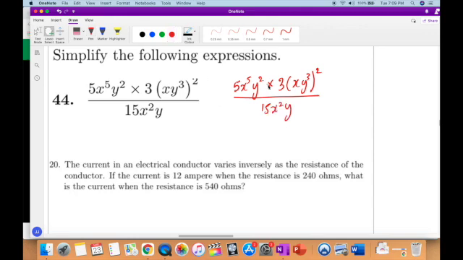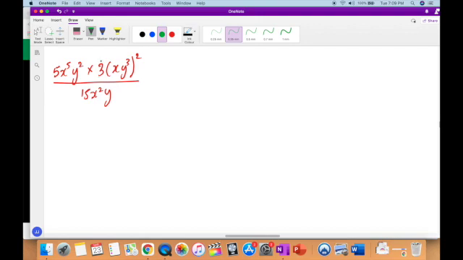I can't take this 3 and multiply it in the brackets because the brackets is squared. So I'll expand this. That's going to be x squared and y to the 6. So that is 5x to the 5 y squared times 3x squared y to the 6 all over 15x squared y.